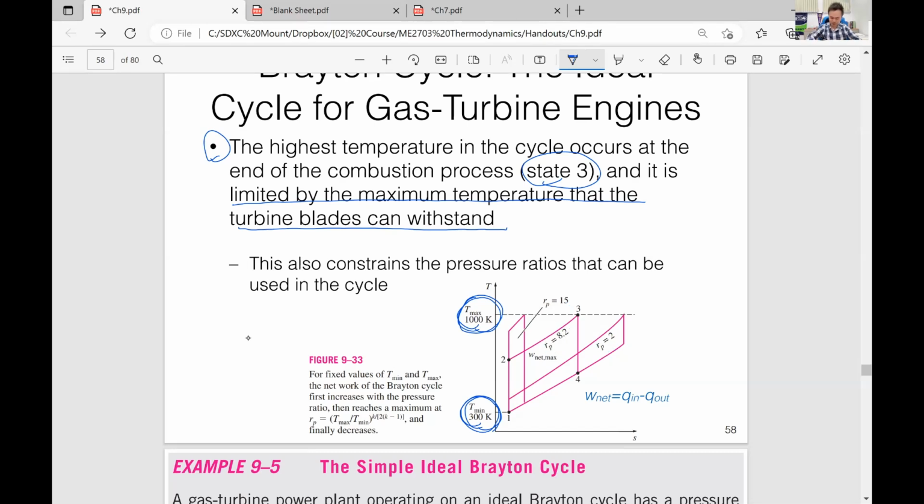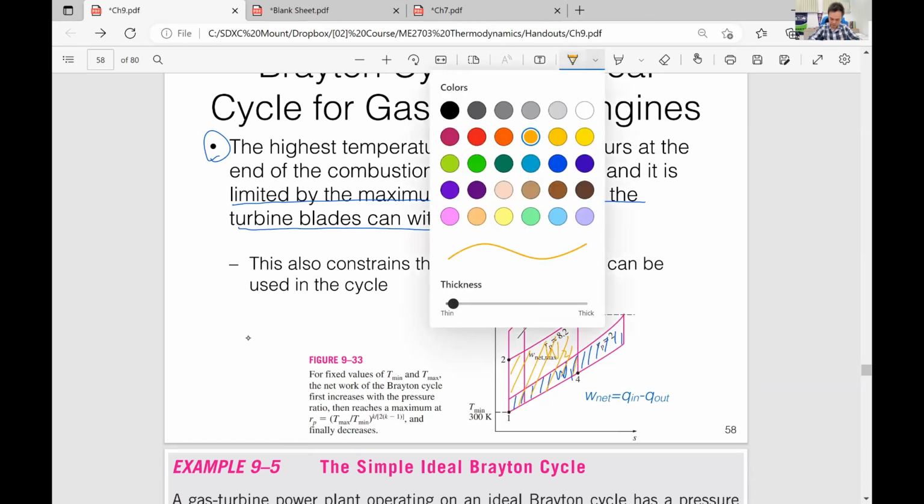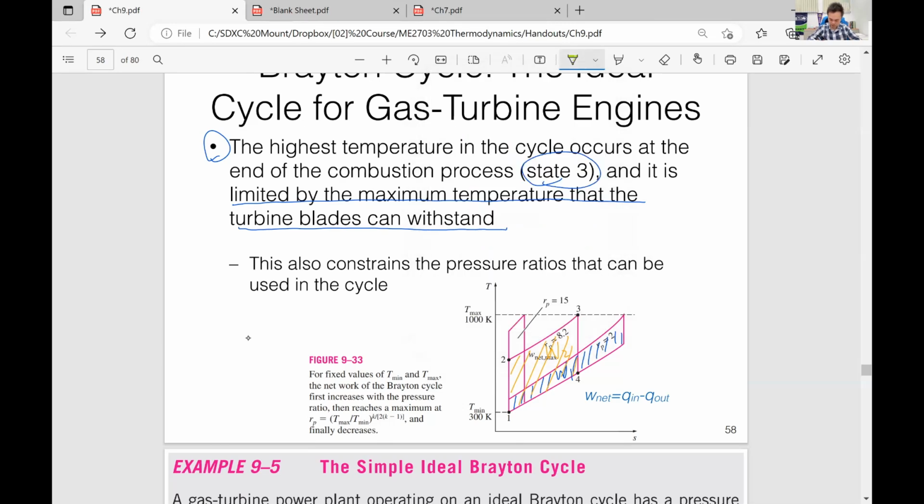Okay, so this is a mouthful. So let's try this. This area, let's say this is W1, and this area is W2, and let's try green. This area is W3.